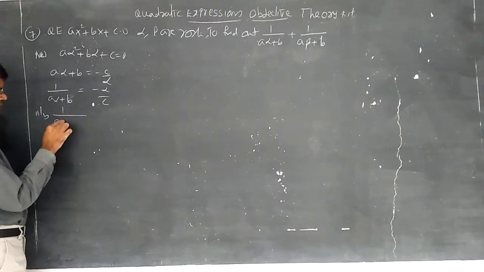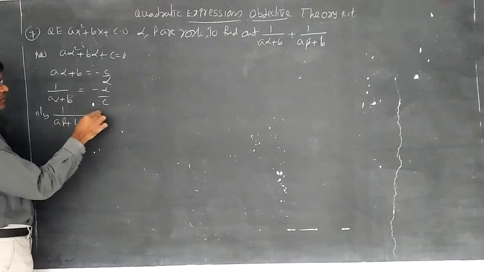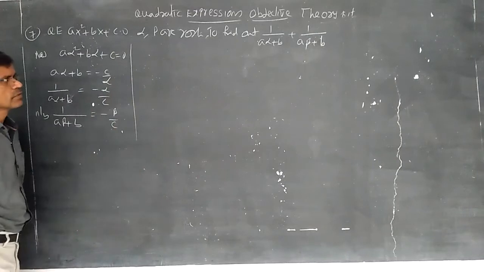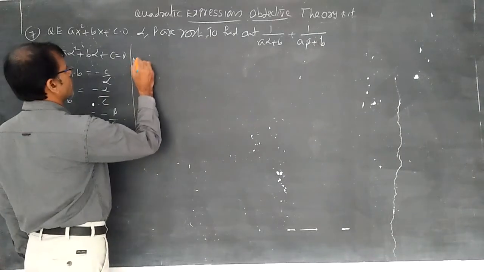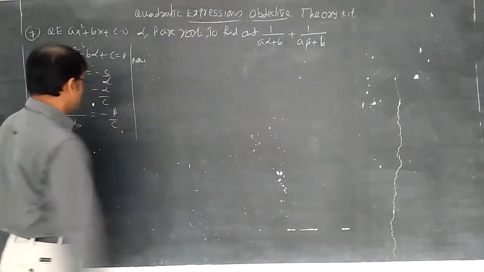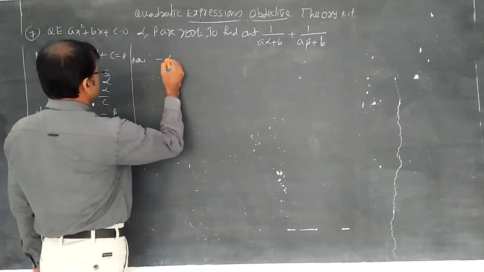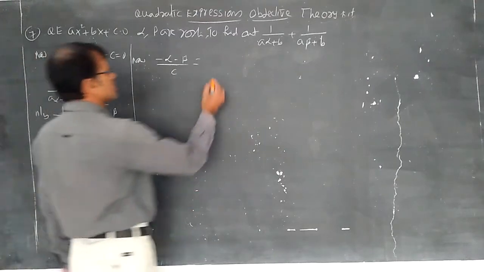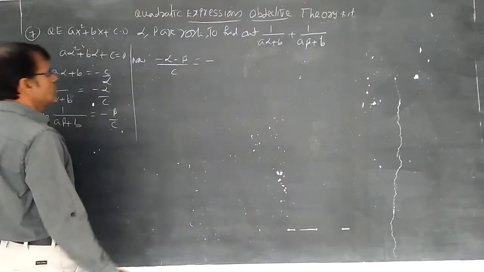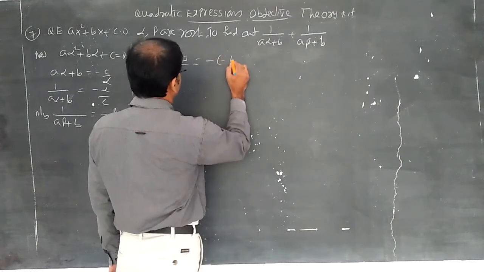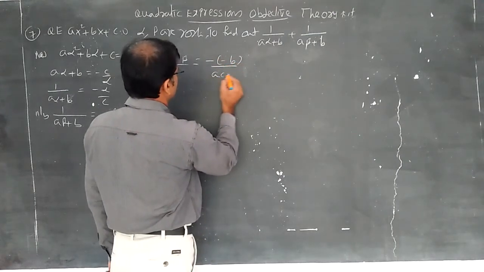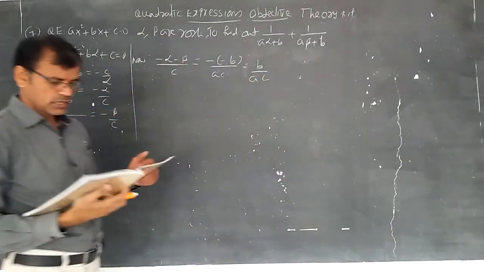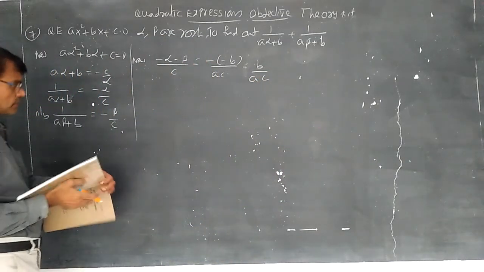Similarly, 1 by (a beta plus b), because beta is also a root, is minus beta by c. Now, substitute here: minus (alpha plus beta) by c. Alpha plus beta becomes minus b by a, so minus of minus b by a by c. So b by ac is the correct answer. Second option.